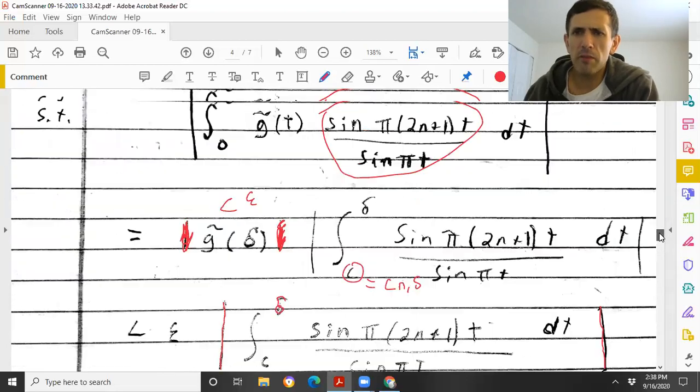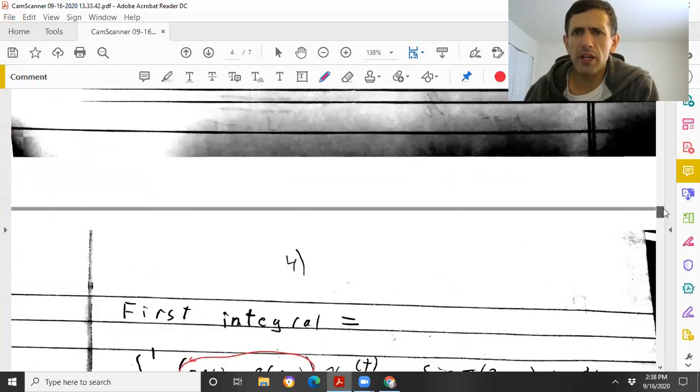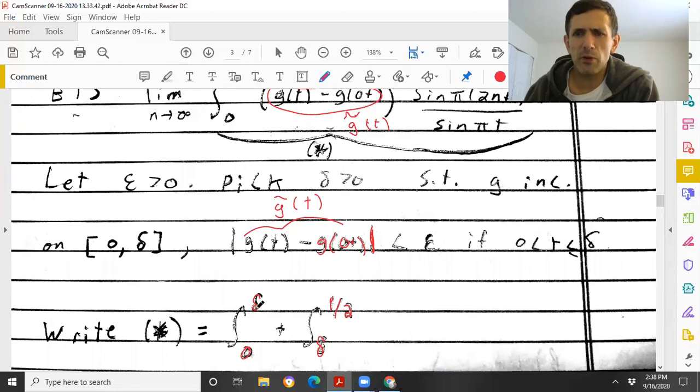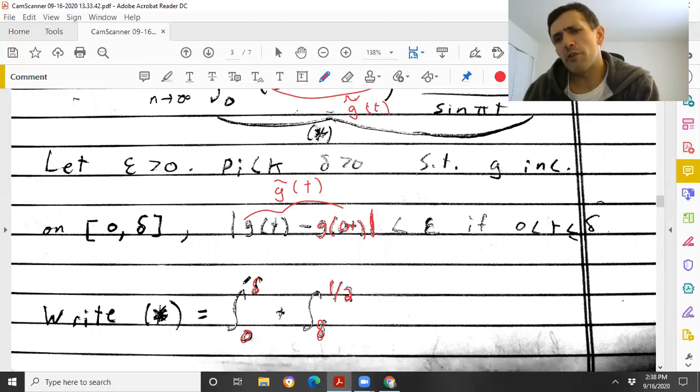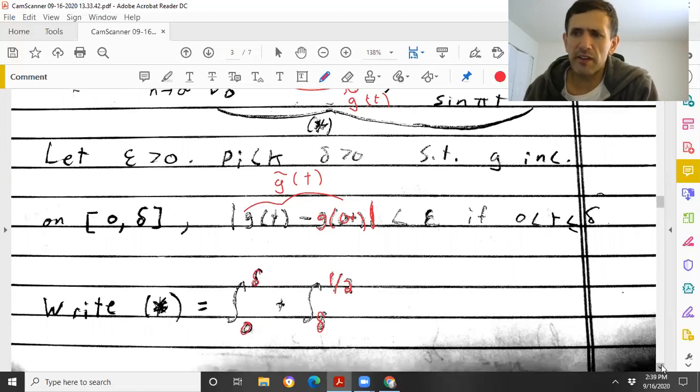Okay, so that means when you take the limit here, you're going to get 0. Right? In particular, for this fixed delta, you fix n where this integral is less than epsilon over 2. For that fixed n, because of the way you picked delta, this integral is less than epsilon over 2, because c is independent of n.